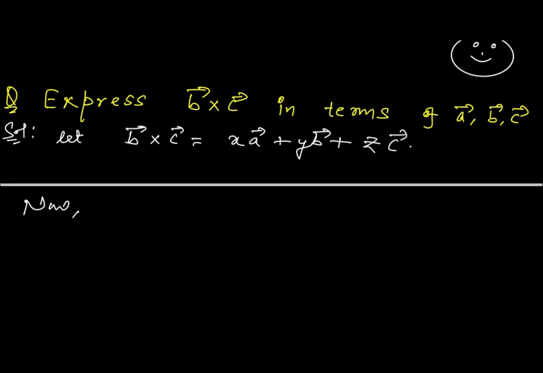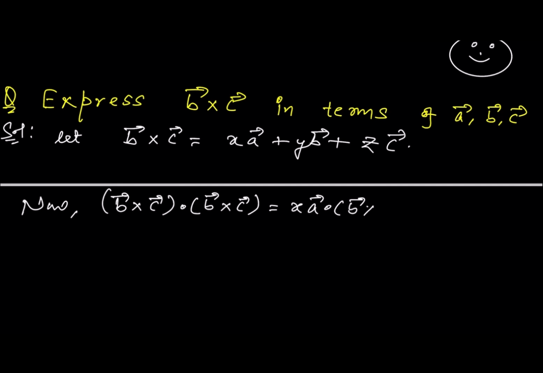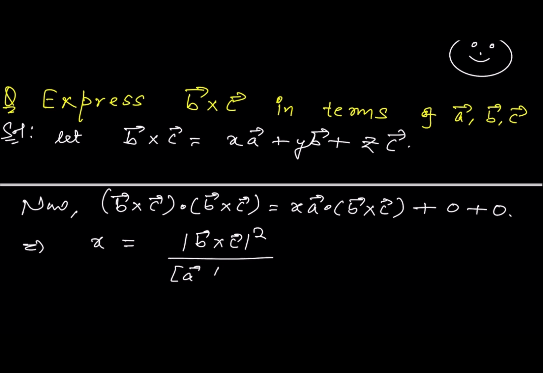Taking dot product both sides with B cross C. So x A dot B cross C, and second and third will be 0 because of perpendicular case. So x becomes mod of B cross C square upon box ABC.